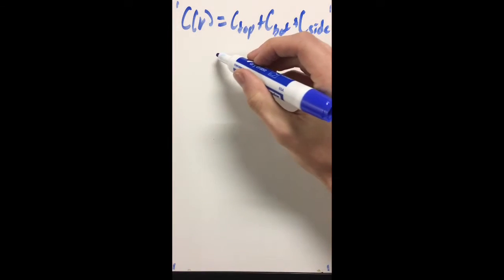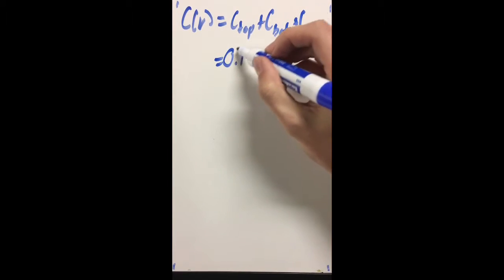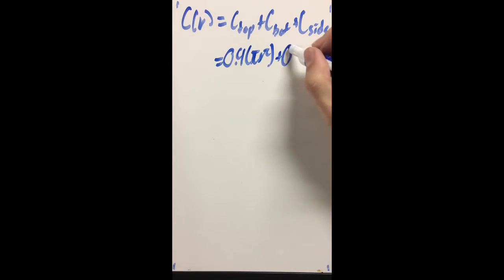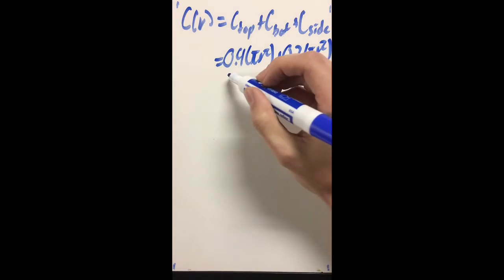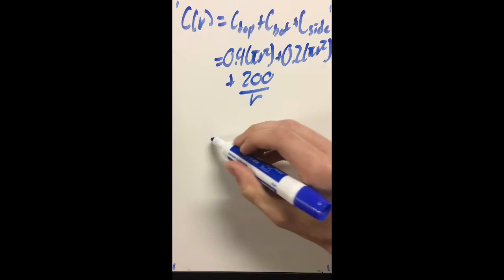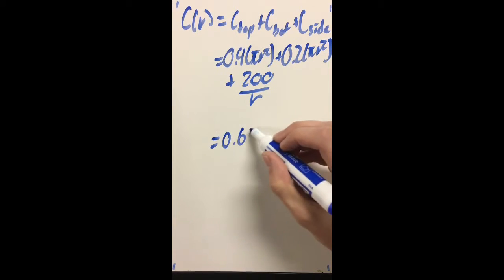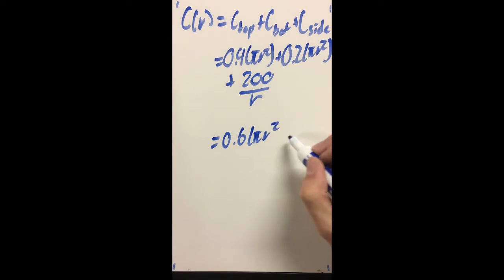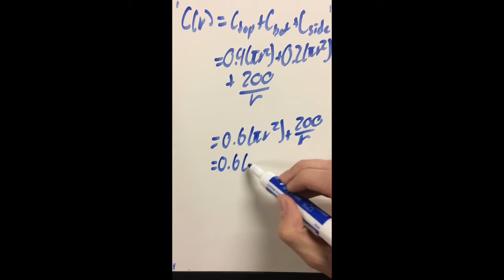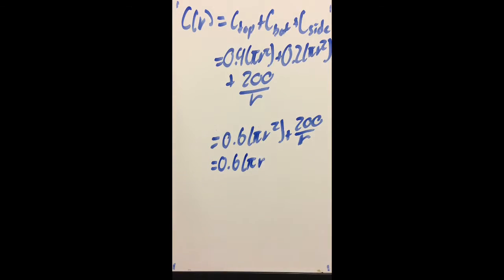So if we sub in all of our equations, we'll get 0.4 times pi r squared plus 0.2 times pi r squared plus 200 over r, and that simplifies to 0.6 pi r squared plus 200 over r, and this is the cost equation for the can.